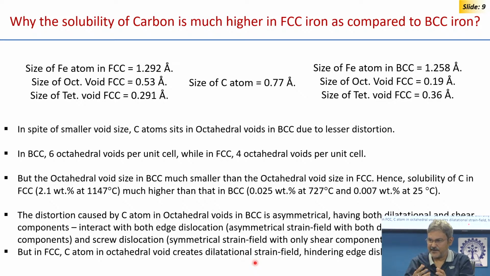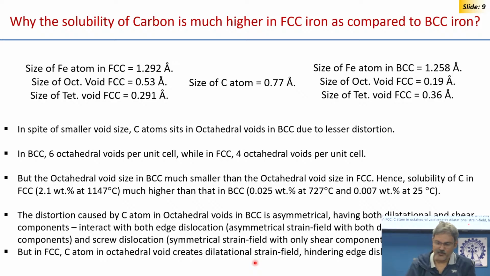So, carbon retards the dislocation more in BCC iron, because it interacts with the shear component of both edge dislocation as well as screw dislocation. So, you will get higher strengthening, but in FCC you get relatively lower strengthening, because it interacts with only the edge dislocation dilation part of the tensor.